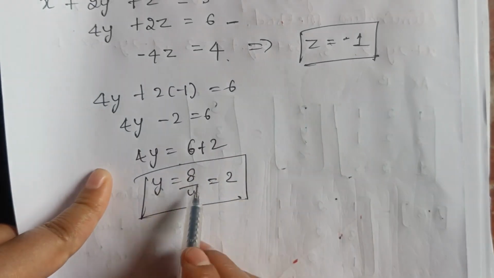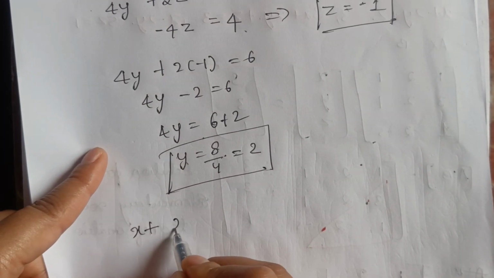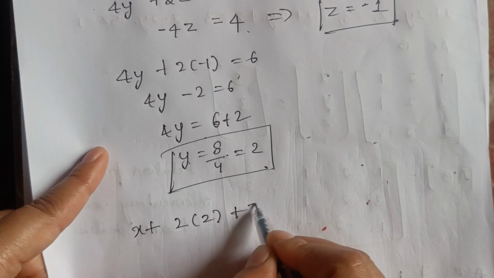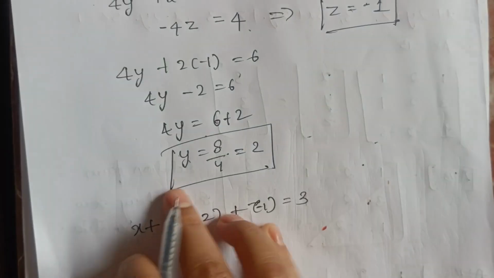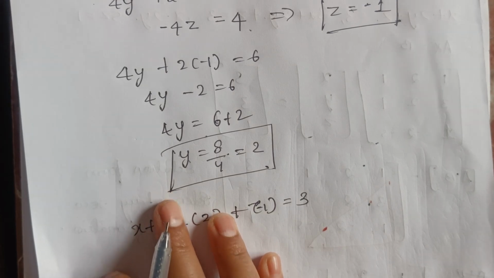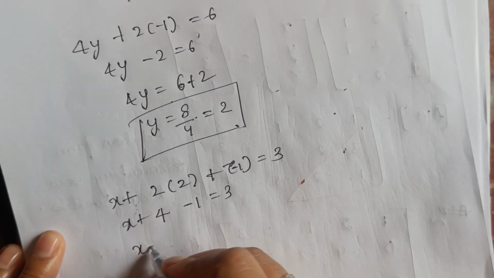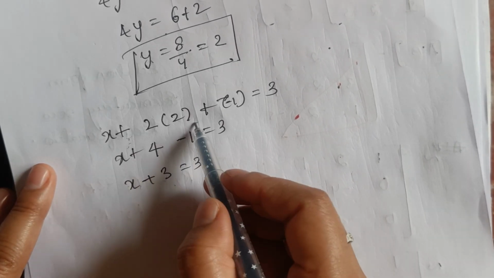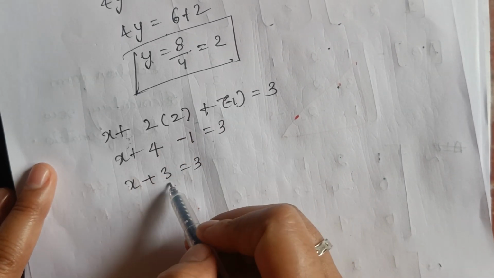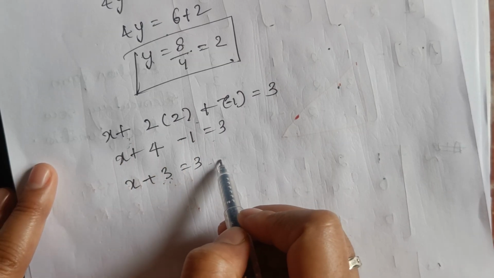Now the values of z and y I can substitute in the first equation to find x. x plus 2 into 2 plus minus 1 equals 3. x plus 4 minus 1 equals 3, so x plus 3 equals 3.